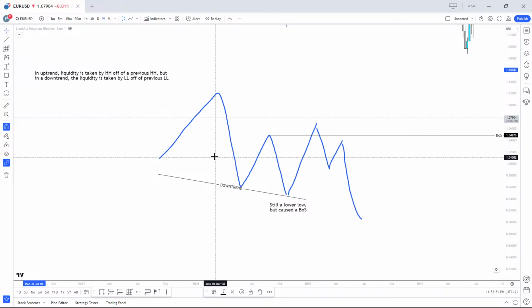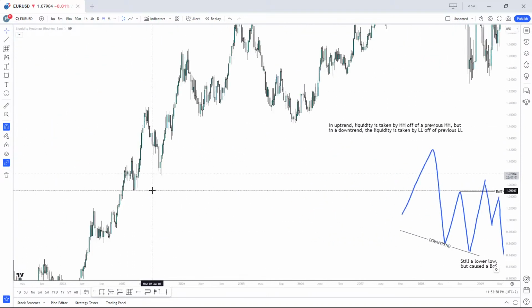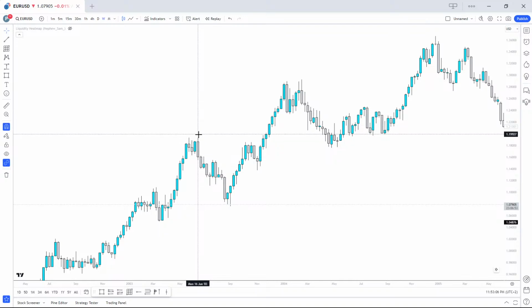So basically what I'm trying to say is that in an uptrend, every rally that breaks the previous high, the trading geek was saying this was a break of structure, but it's actually not. This is actually the liquidity sweep, because it still takes liquidity off.